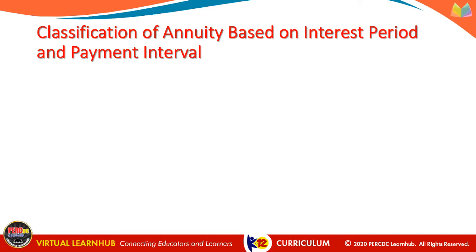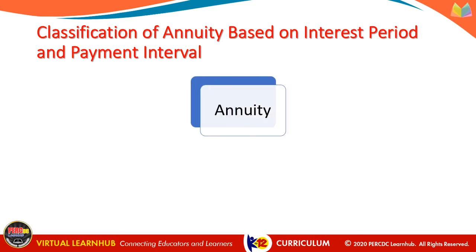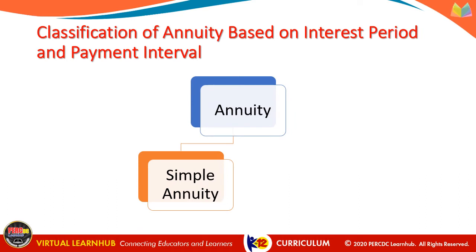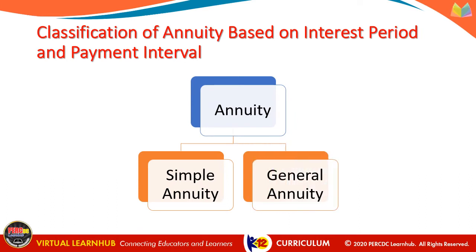Annuities can be classified in many ways. Based on interest periods and payment intervals, annuity can be classified into two: simple annuity and general annuity. This will be the focus of our discussion in this series: simple annuity and general annuity.